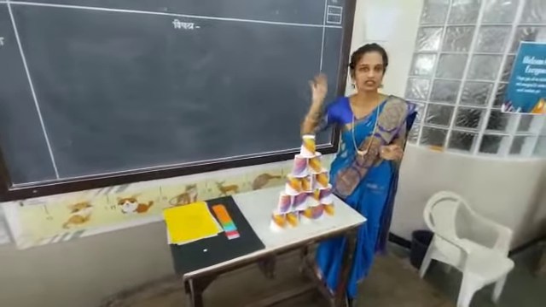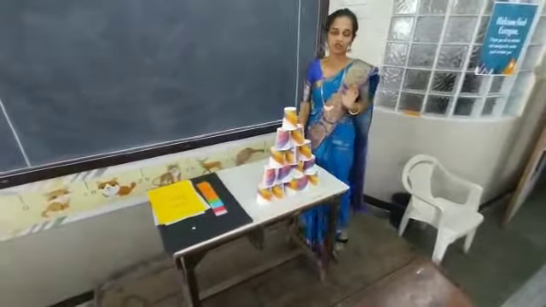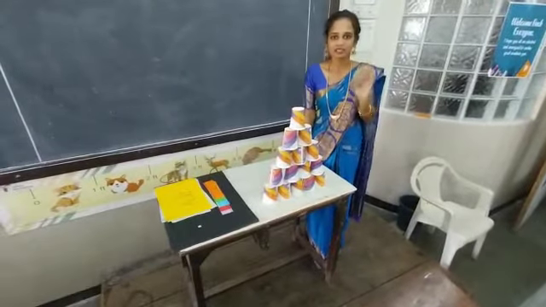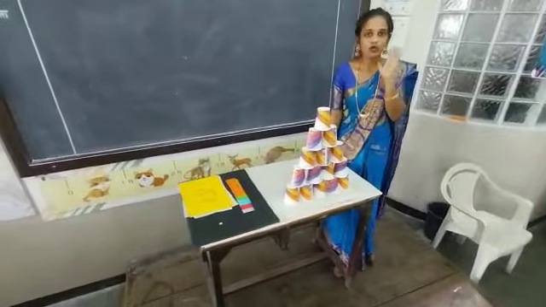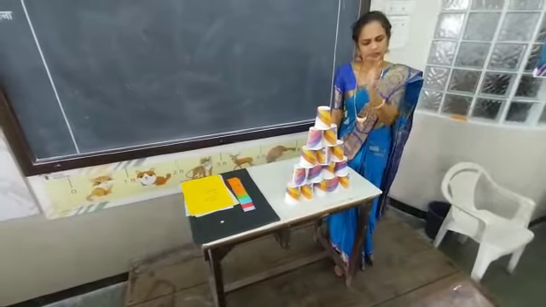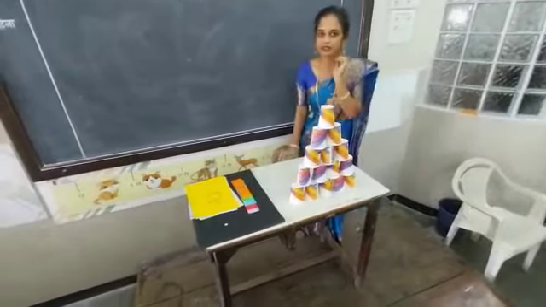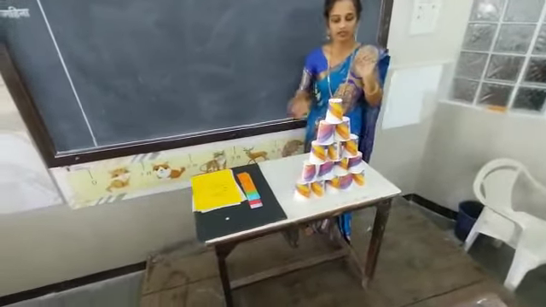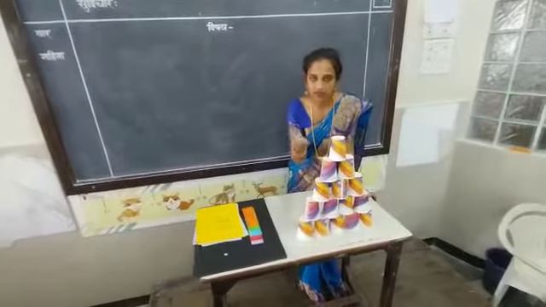So this follows a sequence. In sequence, we are particularly going to see arithmetic progression, a special type of sequence. So let us come to the stocking cups. How many cups are there in the first row? There is only 1. If I go to the next row, I have 2 cups. What is the difference between the first two?